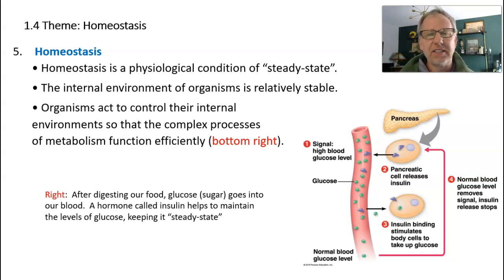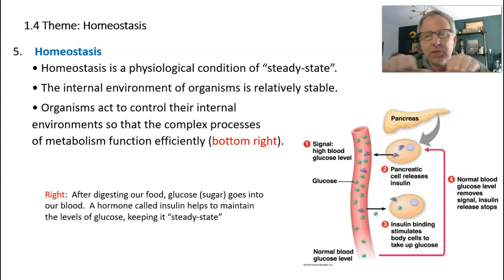Homeostasis is a physiological condition. It's a condition of our internal chemistry, that's physiology, and it's a physiological condition of steady state, like keeping things in balance, staying in balance. The internal environment of living things is pretty stable, doesn't change very much.